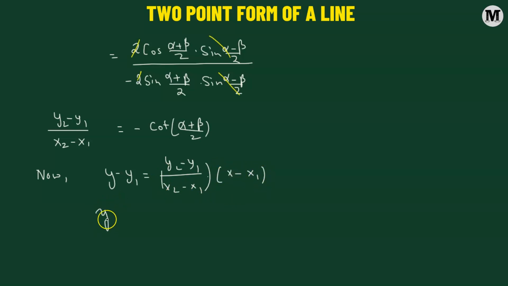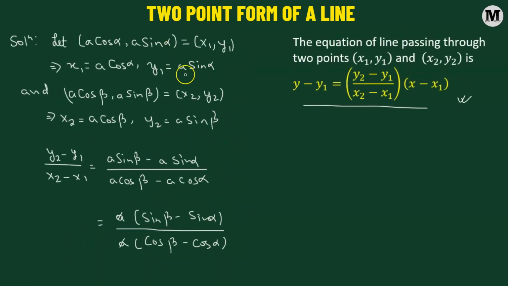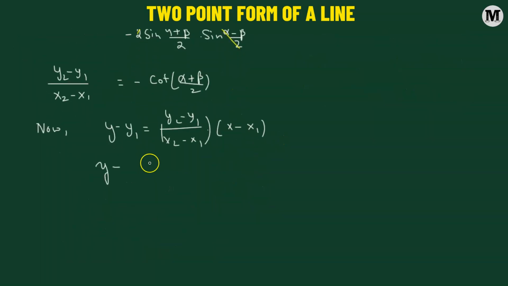Here y1 is a sine alpha and x1 is a cosine alpha, so let's substitute. We have y minus a sine alpha equals negative cotangent of alpha plus beta over 2 multiplied by x minus x1, where x1 is a cosine alpha.